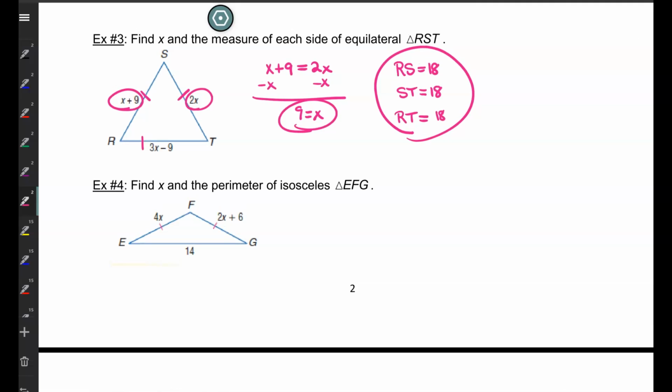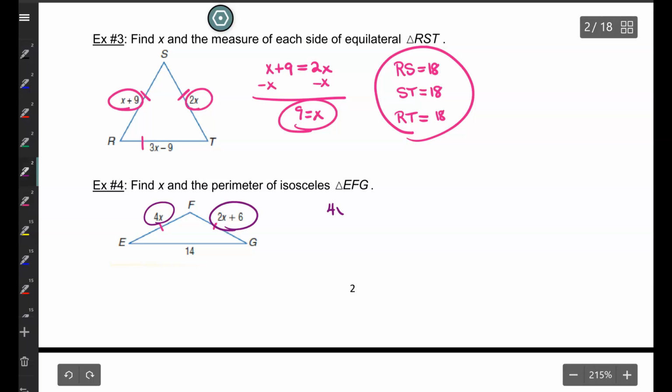And last, we want to find x and the perimeter of isosceles triangle EFG. So since it's isosceles, and I see these two are marked congruent, I am going to set these two parts equal to each other. So we'll subtract 2x from both sides to get 2x equals 6.